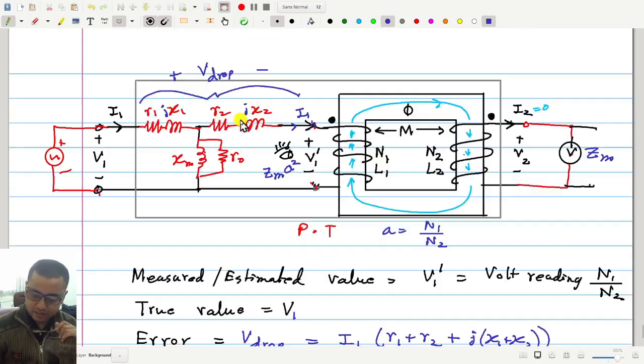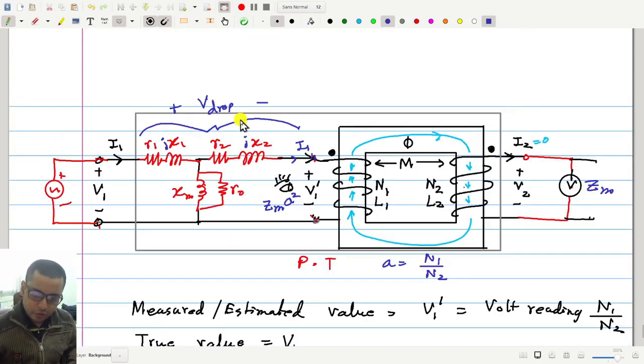But before that, I want to test our intuitions. Can you tell me from intuition under what condition phase angle error will be 0?